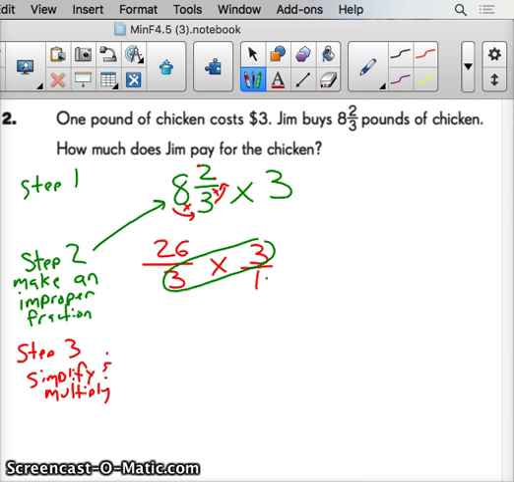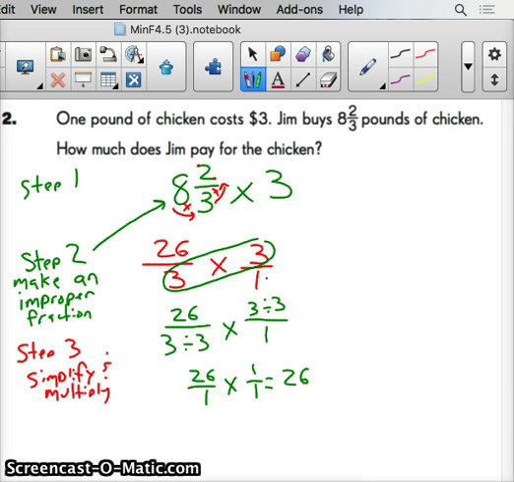They both have 3 in common. So I could rewrite this 26 over 3 divided by 3 times 3 divided by 3 over 1, and rewrite my problem. 26 over 1 times 1 over 1, where my answer is 26.